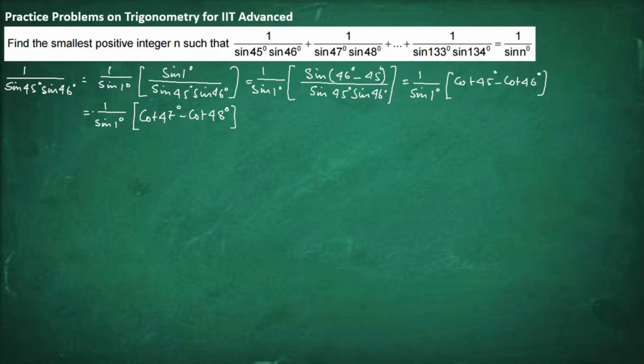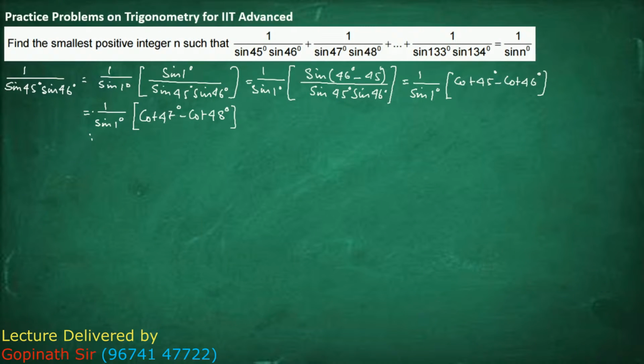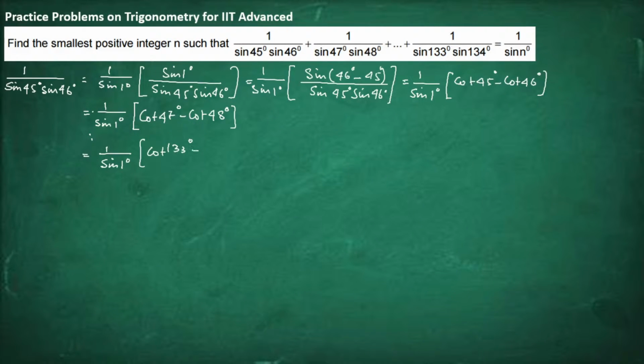So this thing goes on, and the last term will be 1 by sine 1 degree cot 133 degrees minus cot 134 degrees. Is it clear to all of you? Now, if I add the corresponding sides, in the left hand side, we are getting the expression which is given in the problem.